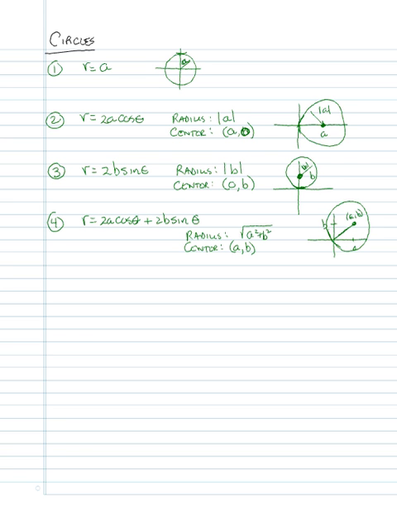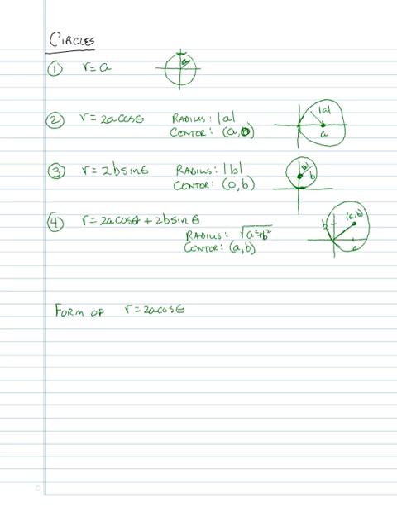Well, before we actually graph any of these, I would like to take maybe example 2 generally. We did something like this earlier when we were converting equations, but I'd like to take the form r is equal to 2a times cosine of theta so that we can see what's happening here.